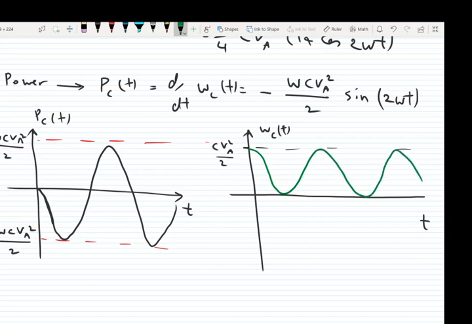Again, the same conclusions that we had for the inductor, we have the same conclusions for the capacitor.